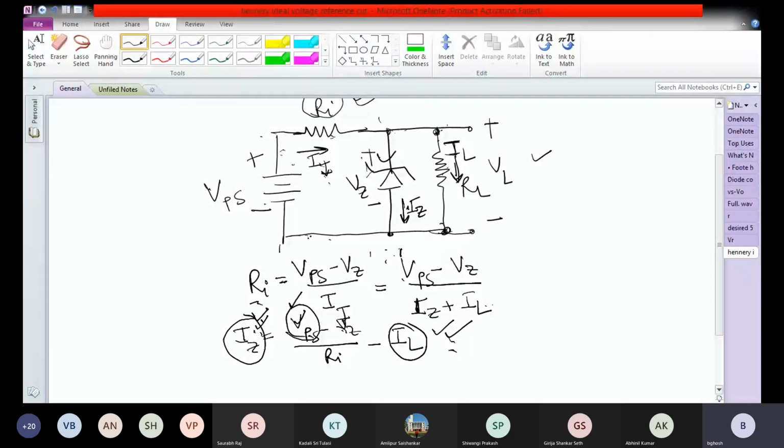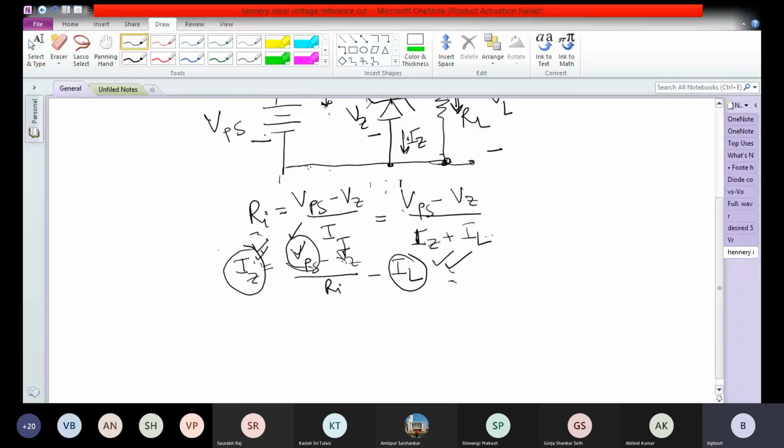So we can say that Ri is Vps min minus Vz by Iz min plus IL max, because when Vps is min, Iz is min, min is for minimum.